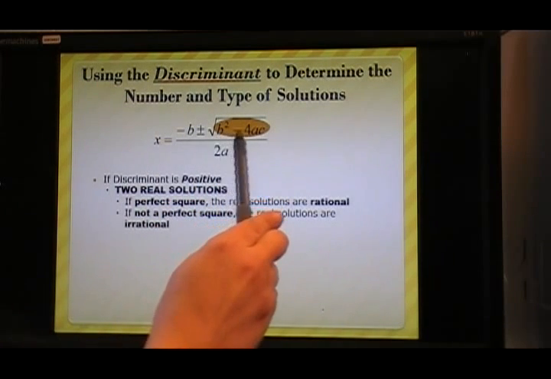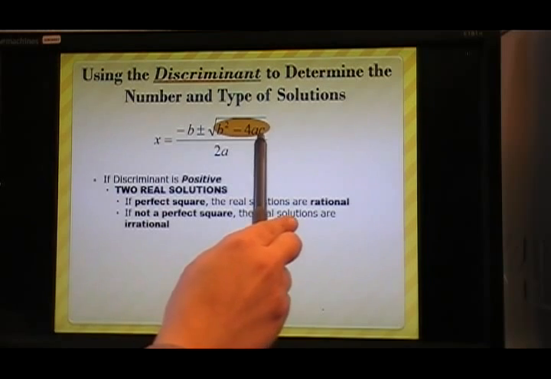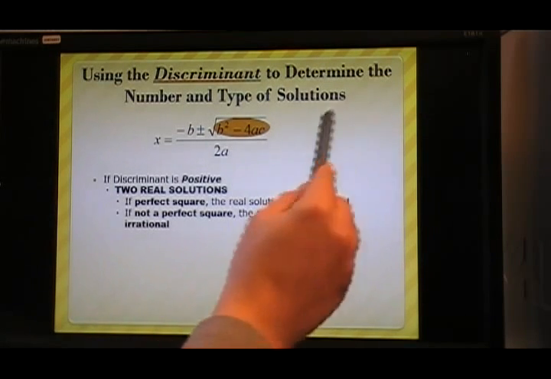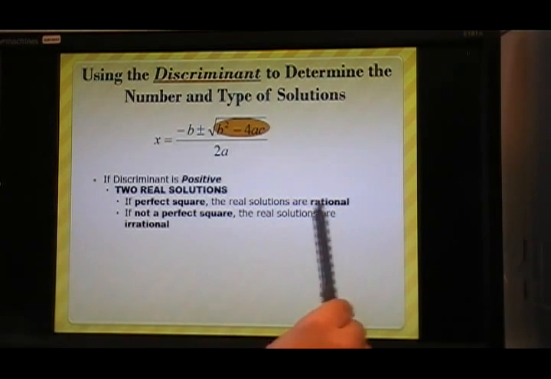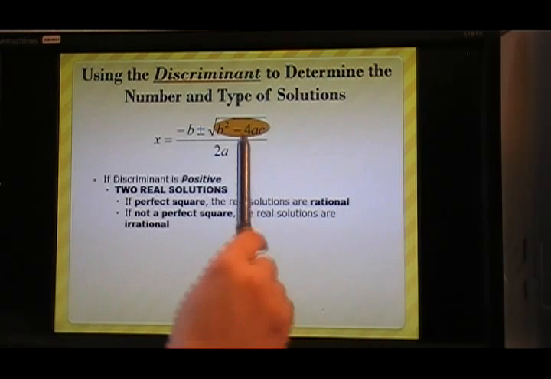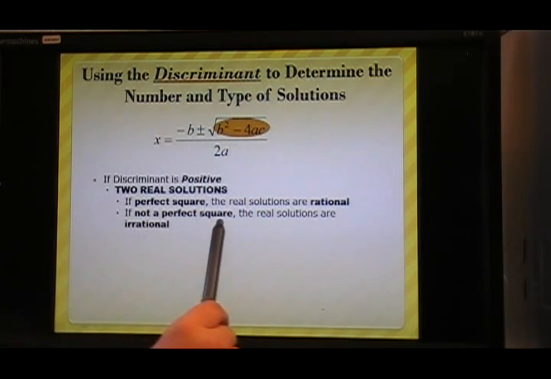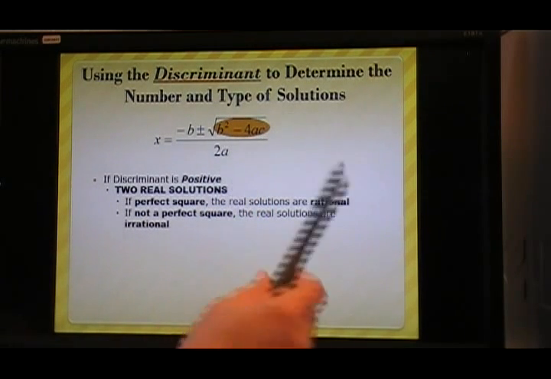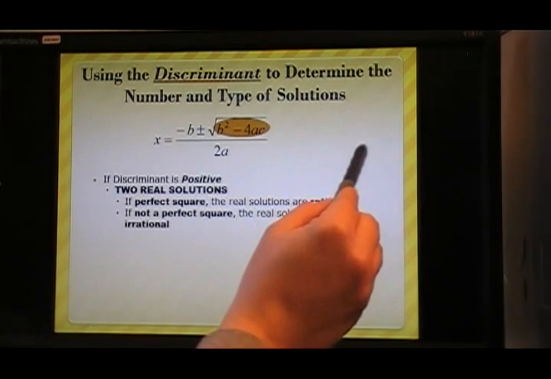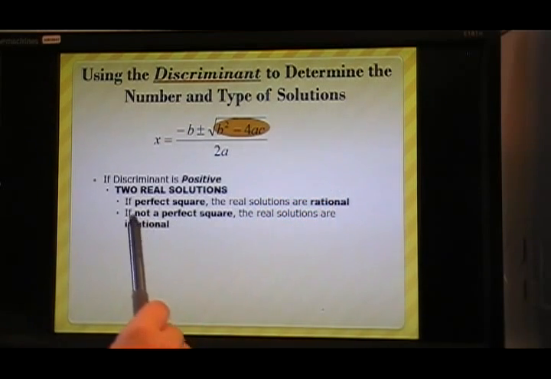If what you end up with here is a perfect square, then you won't end up with square roots, and so you'll have some rational solutions. If it's a positive number that's not a perfect square, then you're going to have some roots still left in your answers, and so you'll have two irrational solutions. Okay?